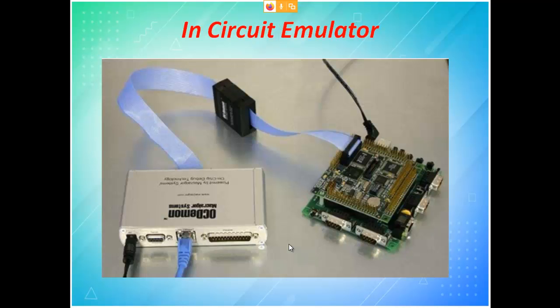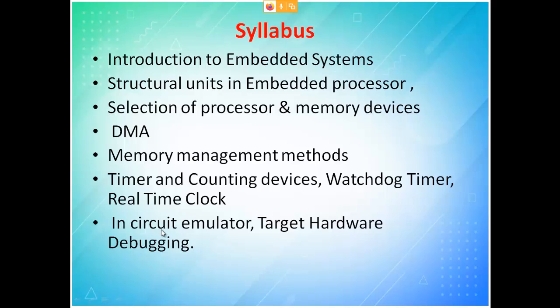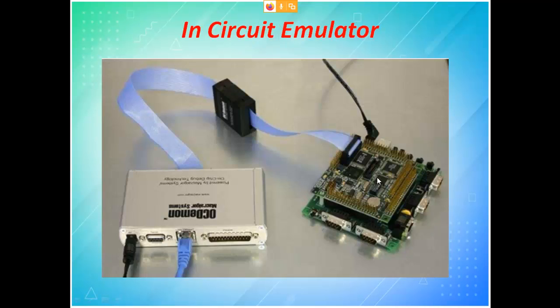So in in-circuit emulator, I have told you the difference. In an in-circuit emulator, I will have some device that behaves like a sensor. This will give output as if it is coming from a sensor, and it will go via your computer.